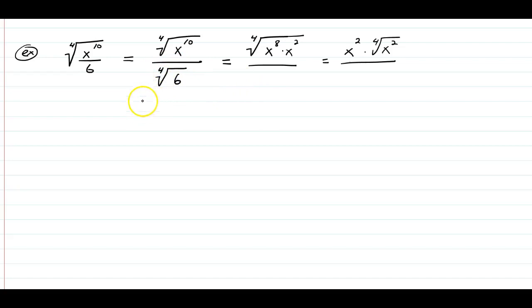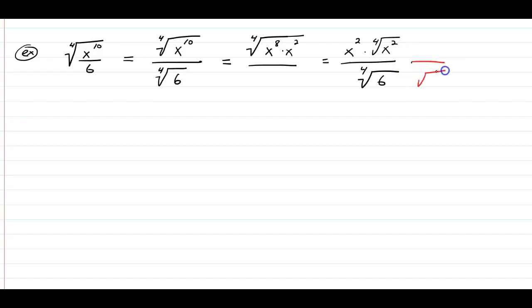The problem is, if we remember, we can't have a radical in the denominator, so we need to get rid of it. The way we do that is we rationalize our denominator. In the past, we would just multiply top and bottom by the radical of whatever we have.